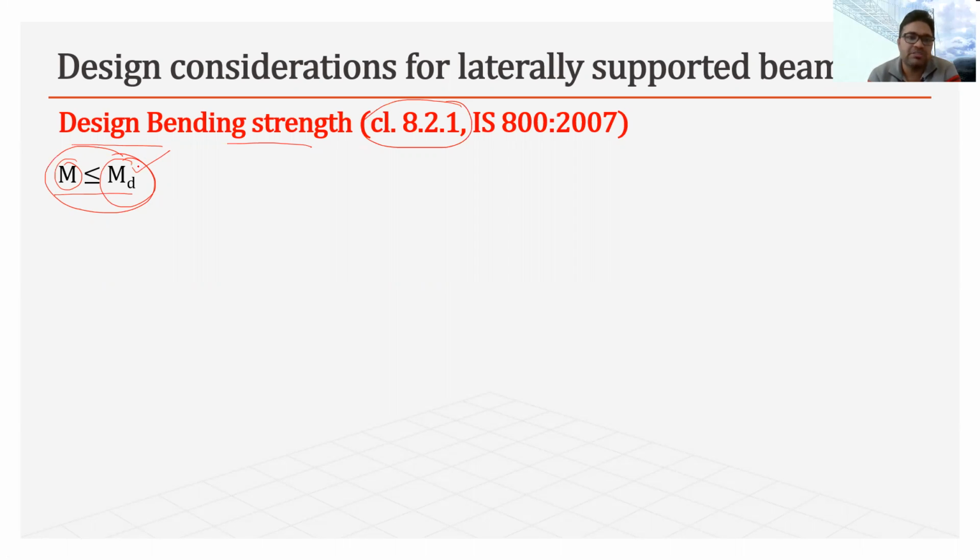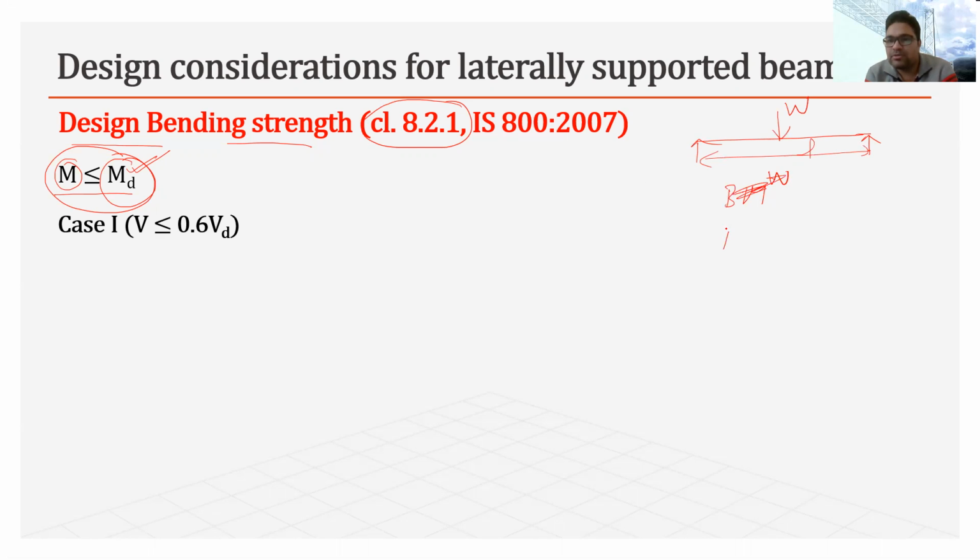Now, how do we find out this MD value, which is the design bending strength of the beam? It is based on the other parameter, which is the shear force. If I take the example of a simply supported beam carrying a central point load, say W, with span L, the bending moment will be WL by 4.